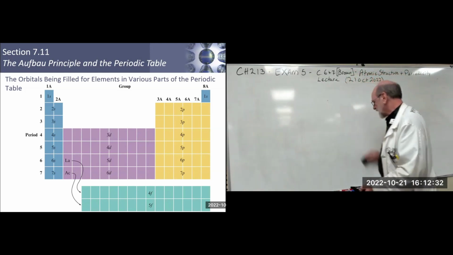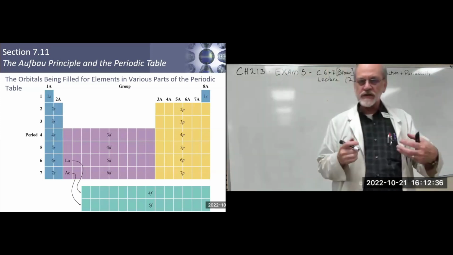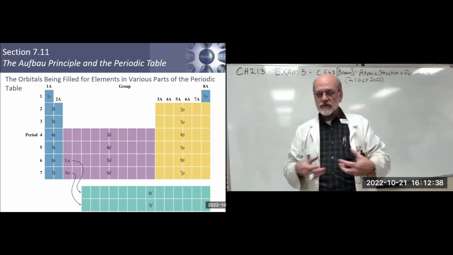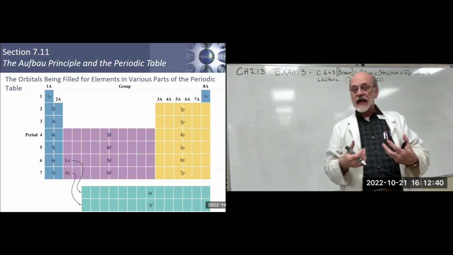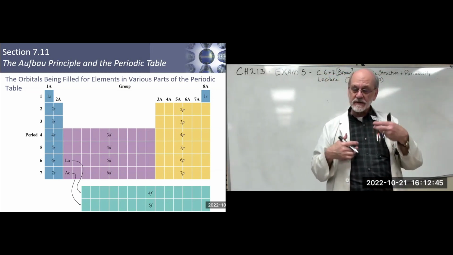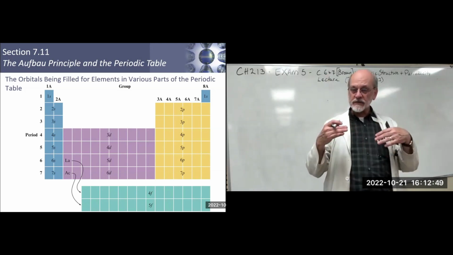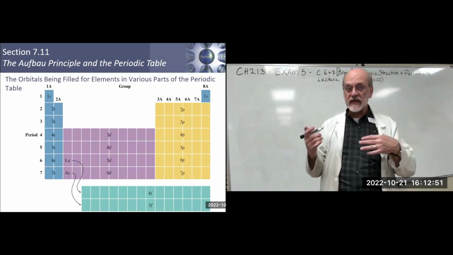But this takes into account the fact that with multiple electrons in that region, you get those repulsive effects, and they elevate the 3d energy level above the 4s. So you fill the 4s before the 3d.